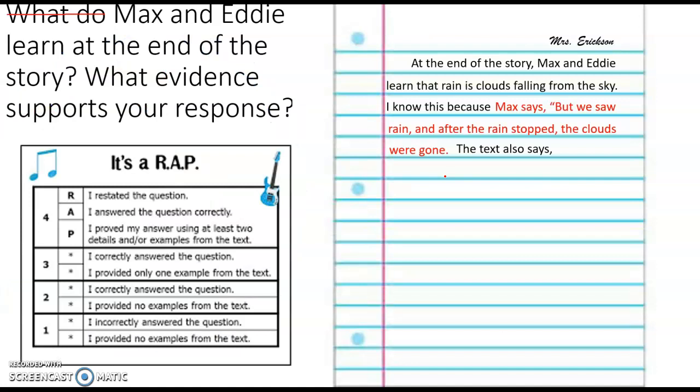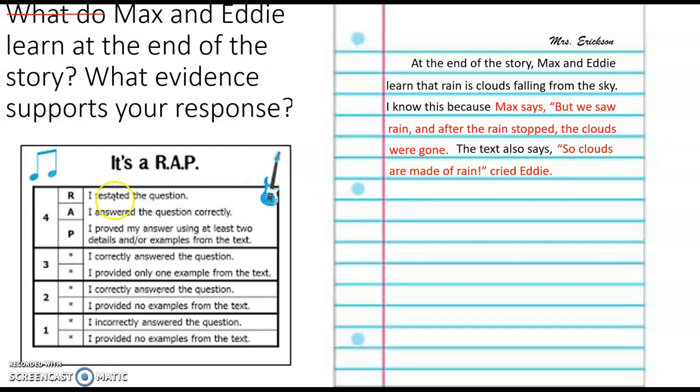So the text also says, so clouds are made of rain, cried Eddie. Now let's read my whole paragraph. At the end of the story, Max and Eddie learn that rain is clouds falling from the sky. I know this because Max says, but we saw rain, and after the rain stopped, the clouds were gone. The text also says, so clouds are made of rain, cried Eddie.